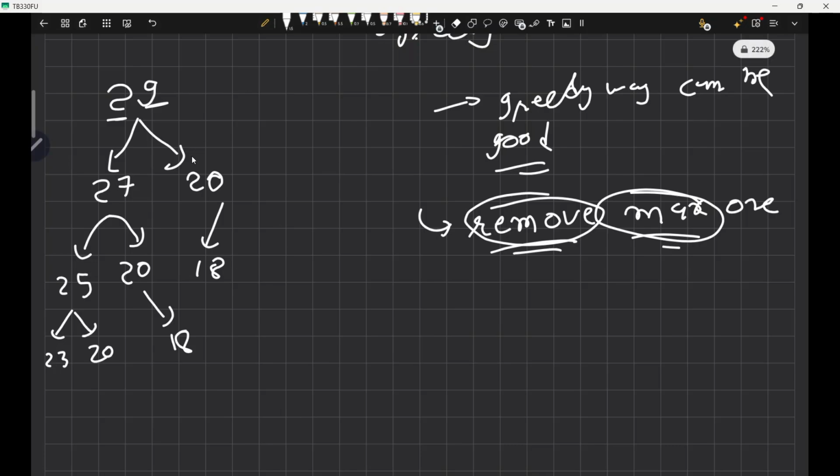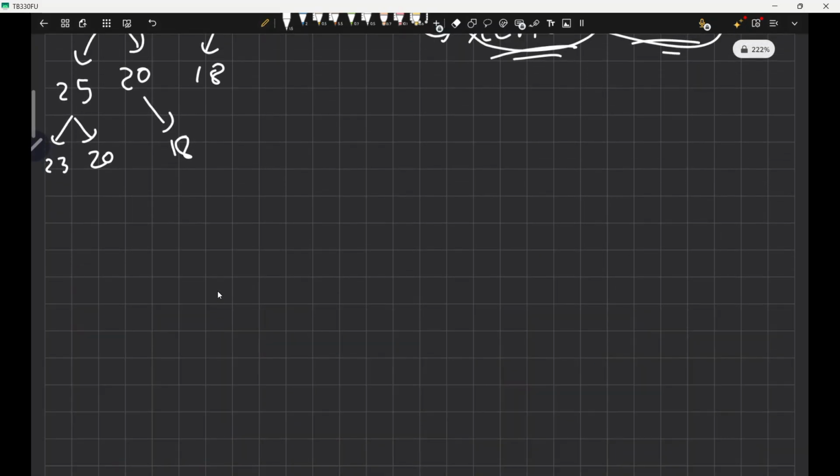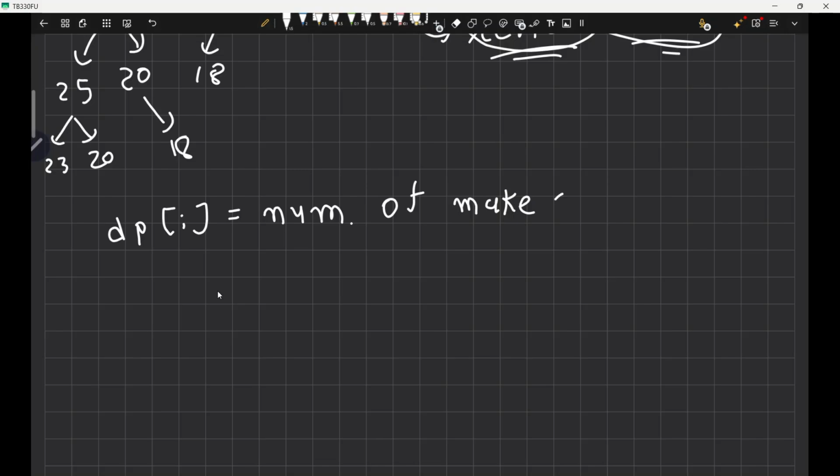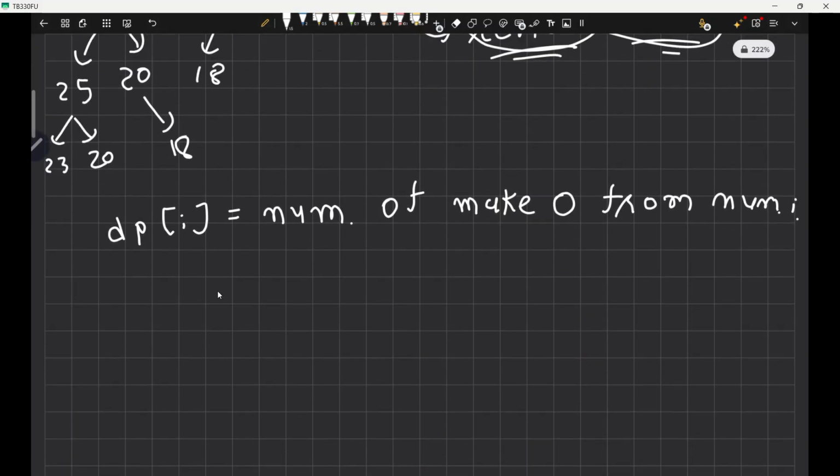And here I have to find the case of overlapping subproblems, and now I have to think of DP. So now, what should be the DP on? Again, like in the number of ways, DP of I is simple. It is fundamental that it is the number of ways to make 0 from number I. Now how will the transition look like?